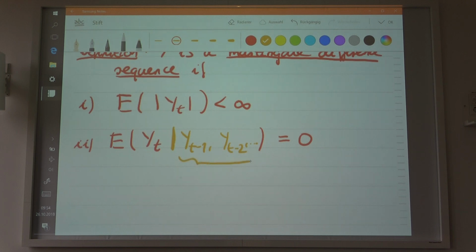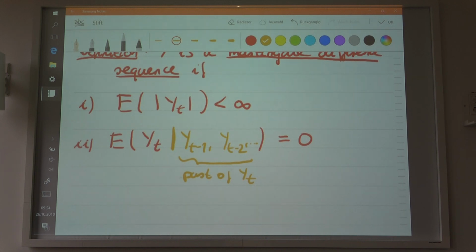So this is the past of yt, and then we have a conditional expectation. This means that the conditional expectation of the process, given that the past is already known, is 0. You understand what it means, just from the notation point of view?